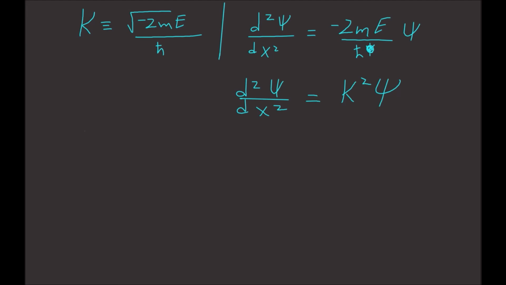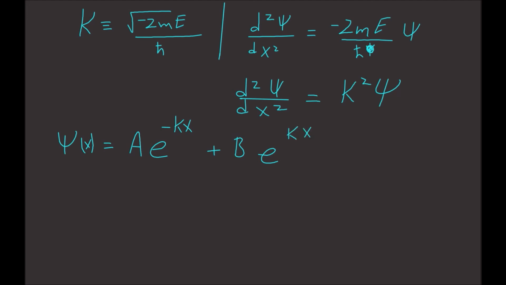The solution for this equation is psi of x equals some constant A times e to the minus kx plus some constant B times e to the kx.